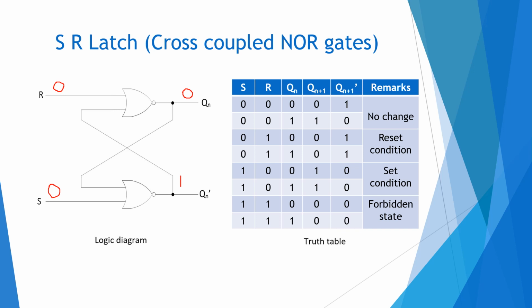So this 1 comes here. If any one of the inputs of a NOR gate is 1, the output is 0. So this 0 comes here. So 0, 0, 1. So when S and R equal 0, the output does not change. The state remains in the same state in the latch.